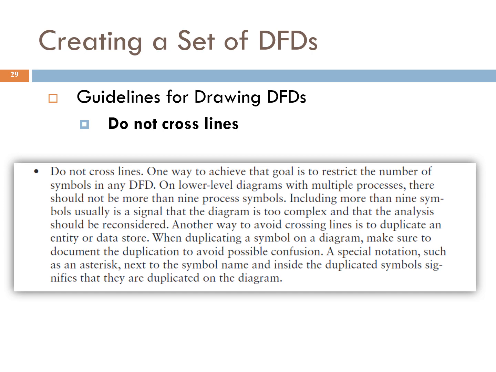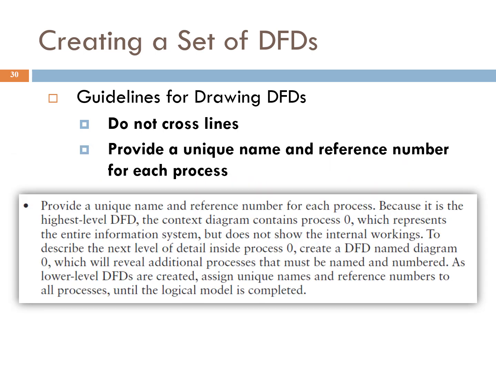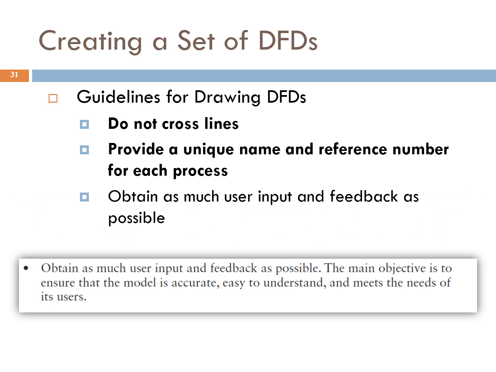Please read the details given in this slide. Provide a unique name and reference number for each process. Obtain as much user input and feedback as possible so that the model is accurate, and then the users themselves, when they look at the model, they understand because the data information comes from them.